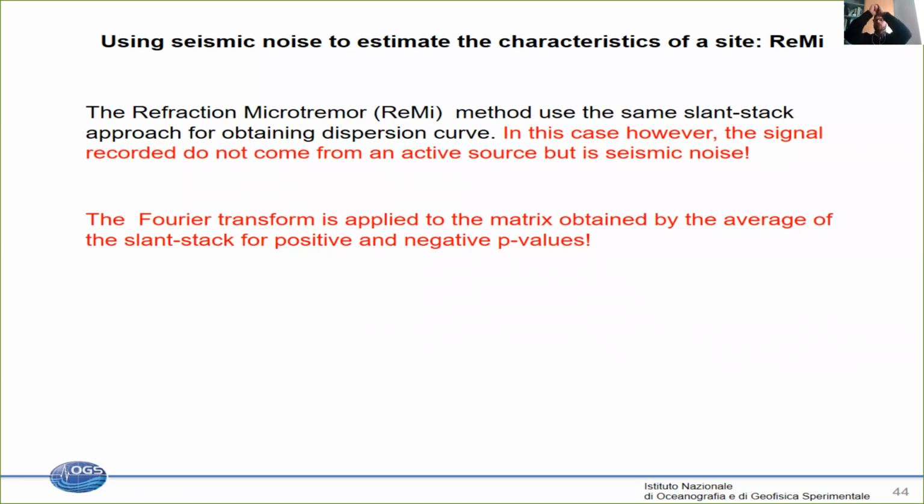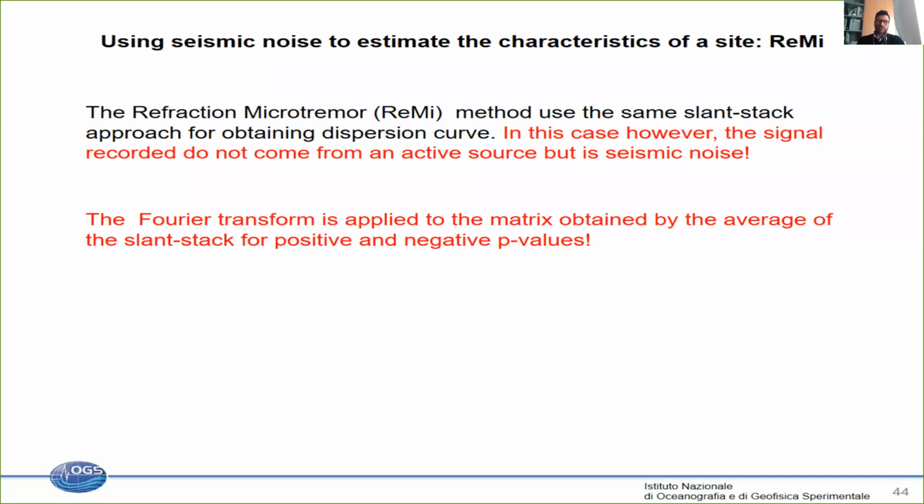So instead of using a hammer or any active source, I just deploy my sensors on the ground, acquire seismic noise, and perform exactly the same analysis. This method is called REMI, refraction microtremor, mainly developed at the University of Nevada by John Louie.